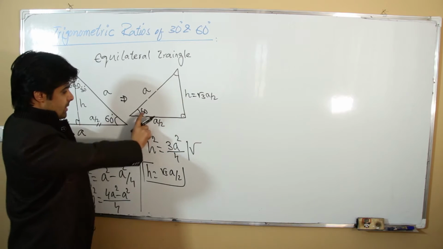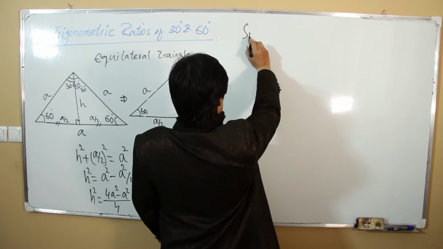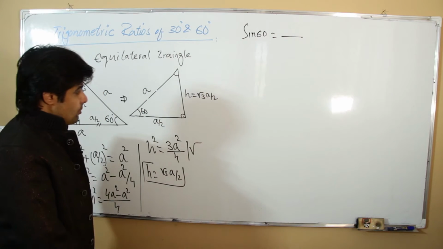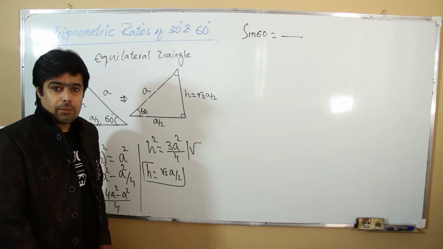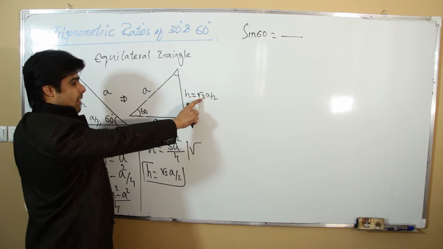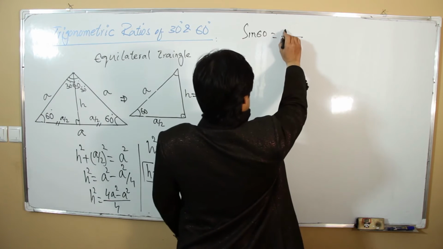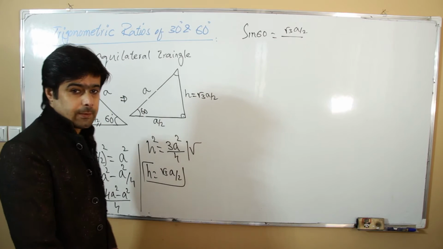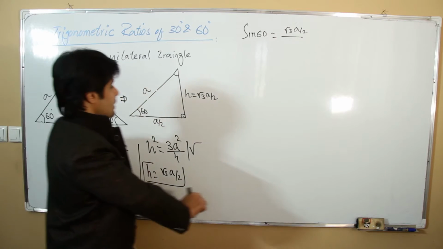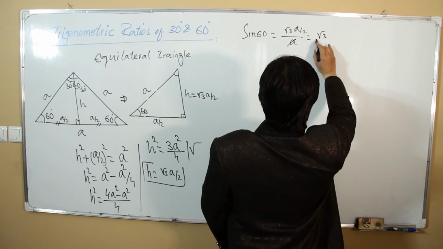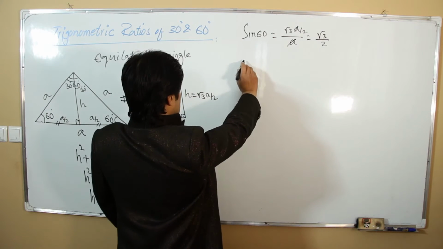Now, for 60, sine of 60 is equal to opposite divided by what? Hypotenuse. Now, what's your opposite? This is h, I mean root 3a divided by 2. Am I right? Yes. Now, divided by hypotenuse, a. You can cancel this, so it would be root 3 divided by 2.